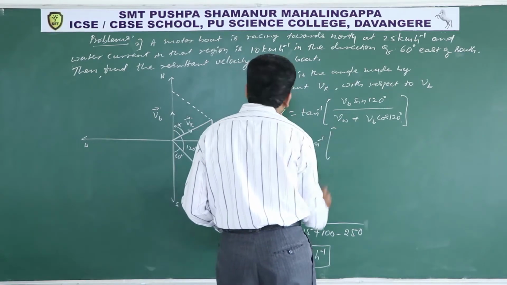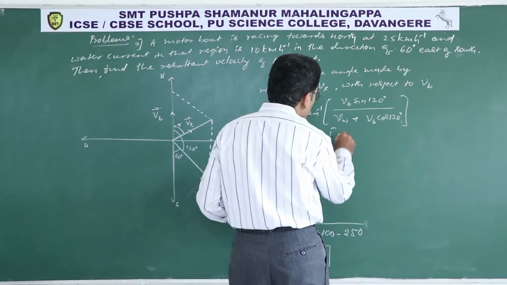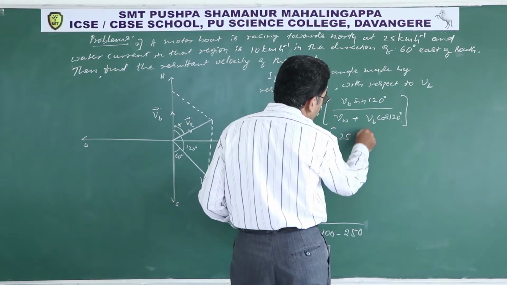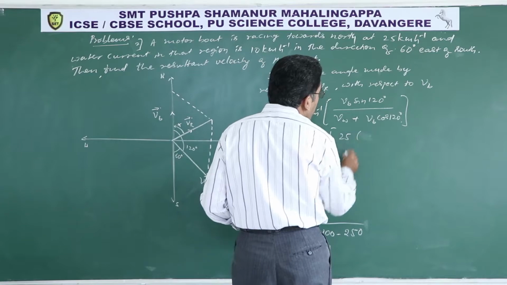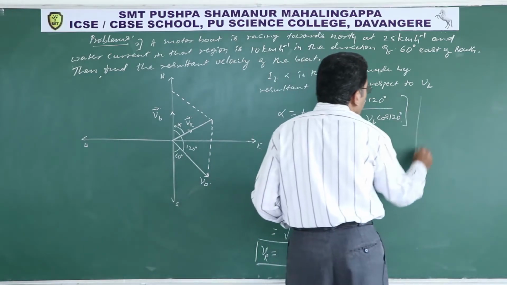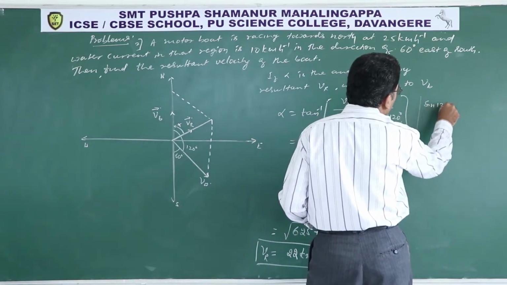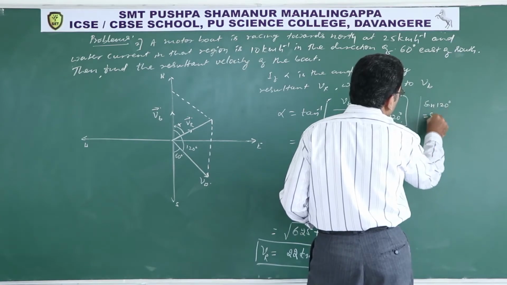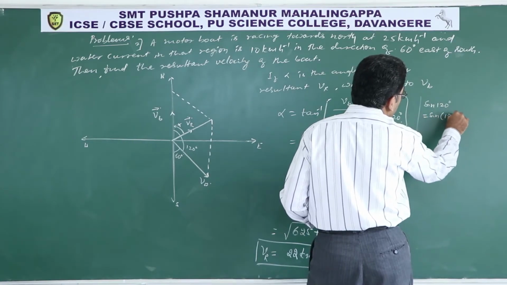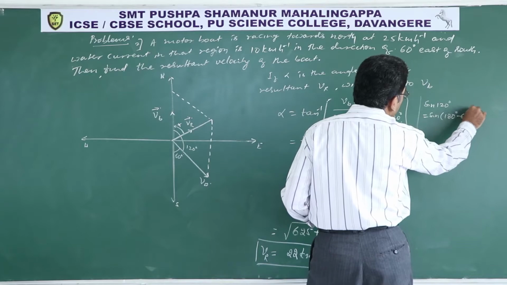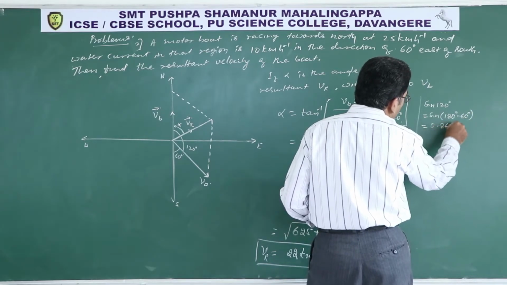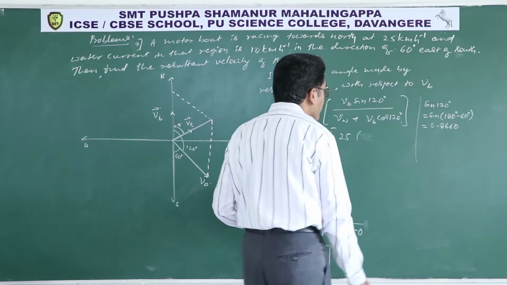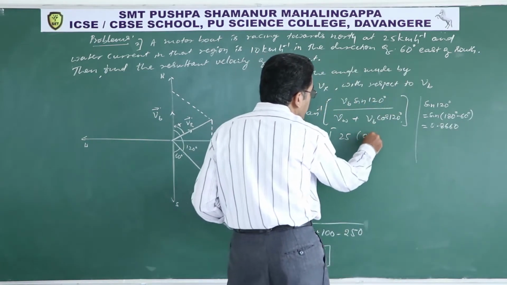Tan inverse of VW is 10, sin 120 is root 3 by 2. Remember, sin 120 is equal to sin of 180 minus 60, which is 0.8660 or root 3 by 2.